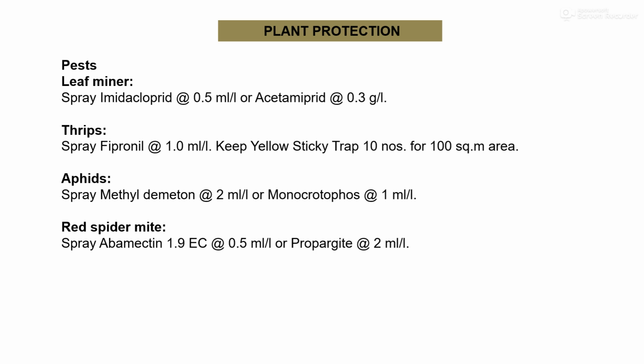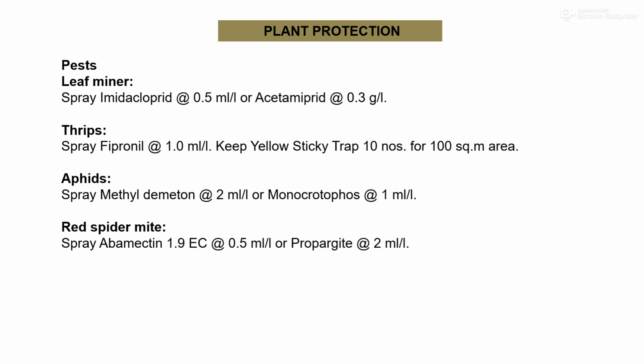Regarding plant protection, we find a few insects and pests during flower cultivation, among which some important ones are sucking pests like leaf miner. We can control the infestation of leaf miner by spraying imidacloprid at the rate of 0.5 ml per liter. Thrips, which is again a sucking pest, we control by spraying fipronil at the rate of 1 ml per liter.